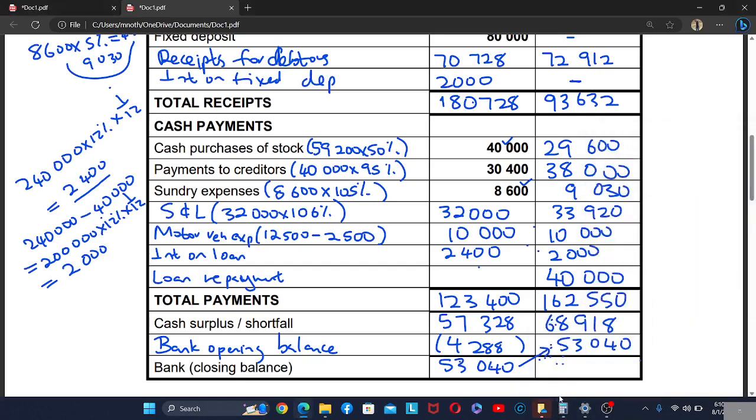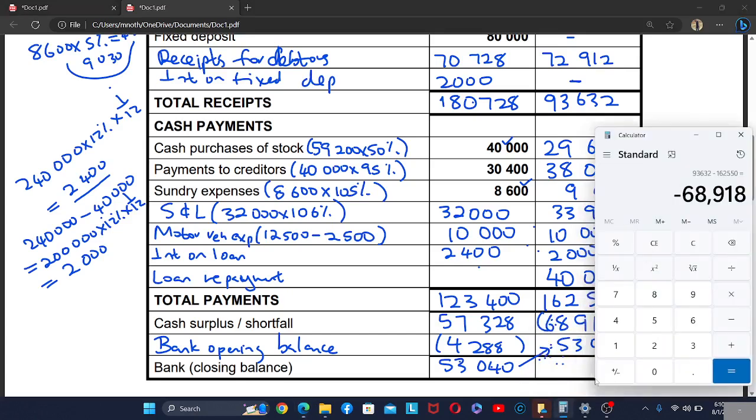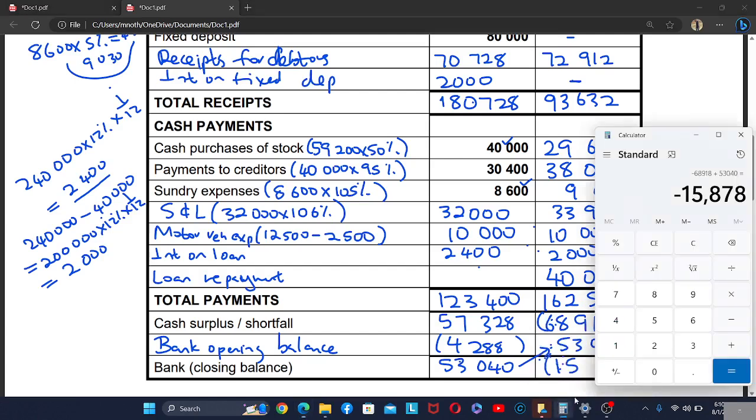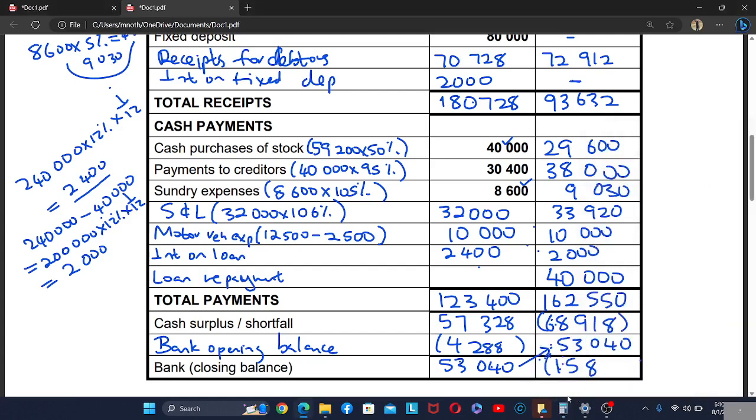So it's negative, we put it in brackets. Negative 68,918 plus 53,040 is going to be negative 15,878. That is your cash budget.